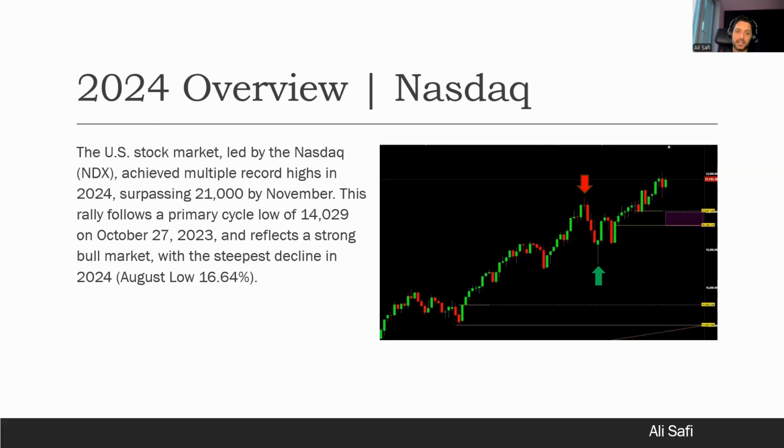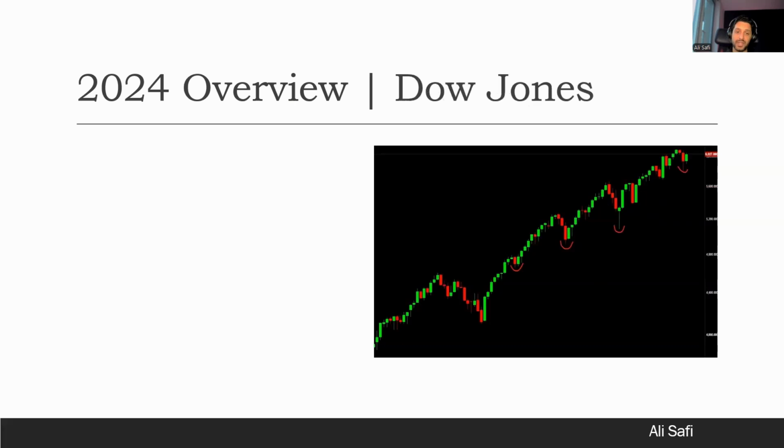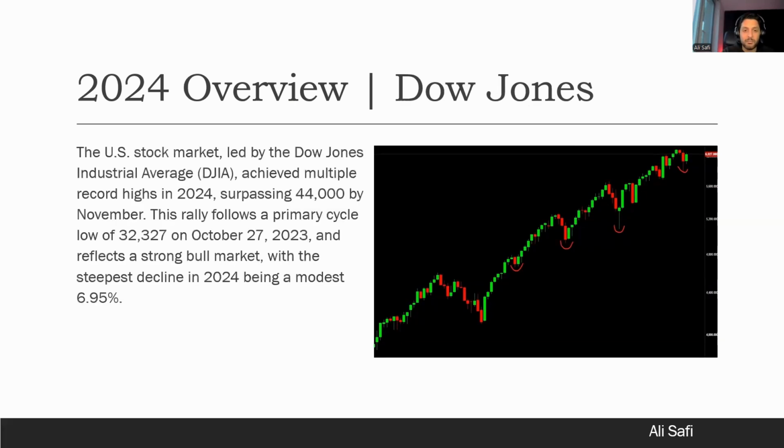How about NASDAQ? NASDAQ was healthier, I would say, because the correction in August was 16%. That's a pretty nice correction. Dow Jones, how about this? This is ugly because the correction was pretty modest, just 6.95%. So this means the Dow is very strong.